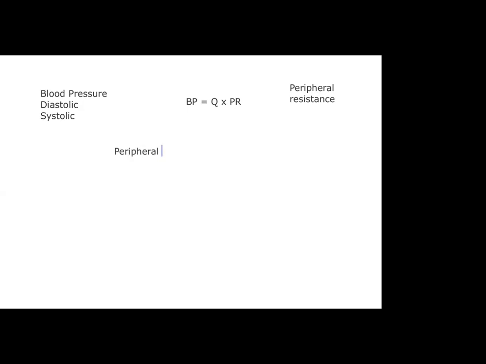Peripheral resistance equals the length of the vessel times the viscosity of the blood, divided by the radius of the vessel to the fourth power, which I don't know how to write, so I'm just going to put a 4.